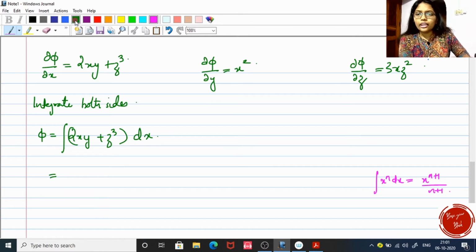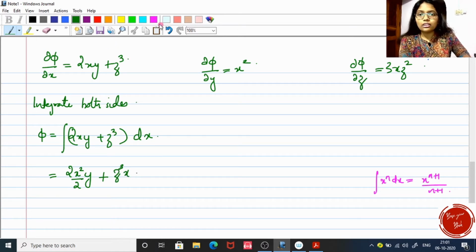So here the integral of 2xy dx, what is that? 2x square by 2 times y, because when we integrate with respect to x, 2 and y are constants. 2 is already a constant and the other variable y should also be treated as a constant. So the integral of x is just x square by 2, plus z cube. z is a constant when we integrate with respect to x, isn't it? Because we started from a partial derivative, so we must take this z as a constant. Okay, so z cube x.